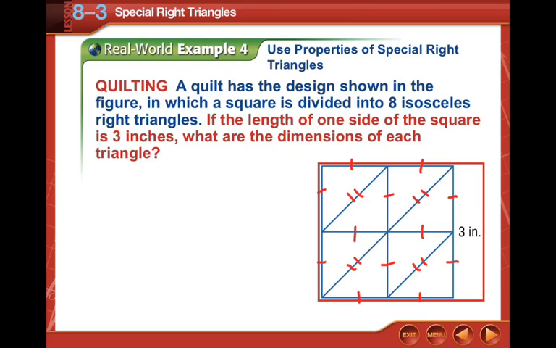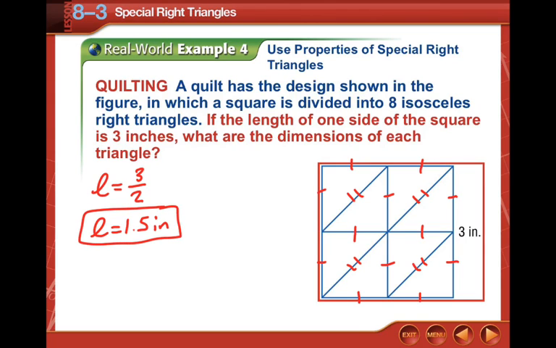Okay? So really, since that's being split in half, we know that the legs of these triangles are half of the 3. So L is equal to 3 over 2. So L is equal to 1.5 inches.